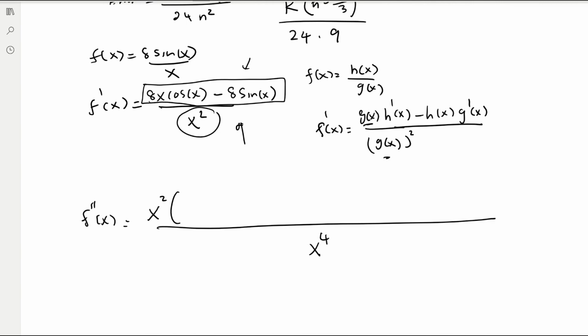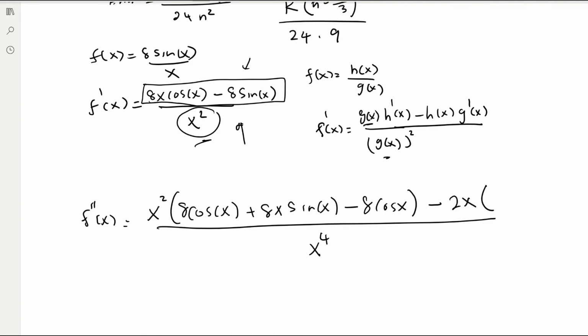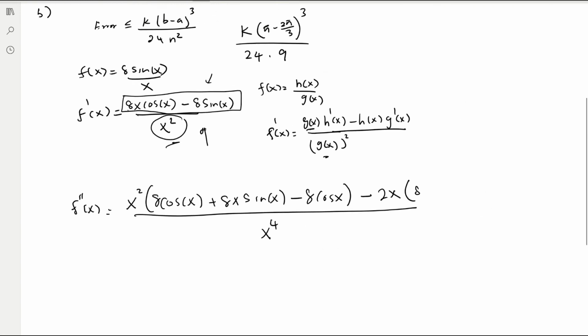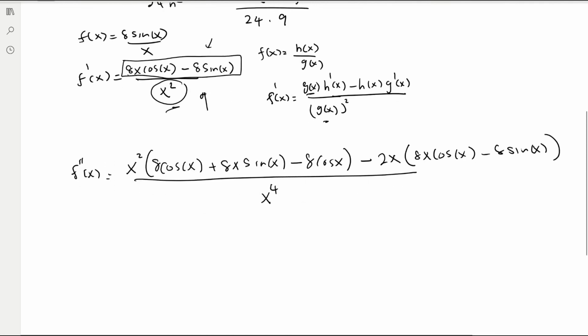The derivative of 8x is 8, so 8 times cosine, plus 8x unchanged times the derivative of cosine, which is sine x, minus the derivative of 8 sine x, which is 8 cosine x. Minus the derivative of the denominator, 2x, times the entire numerator, 8x cosine x minus 8 sine x. That's a difficult second derivative to find.